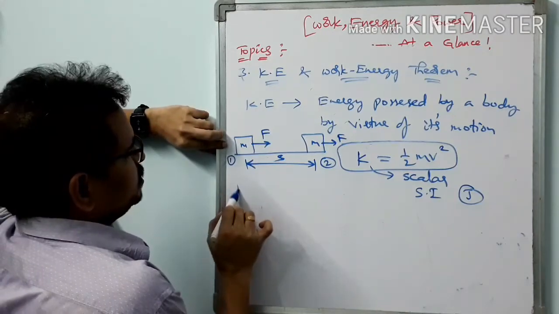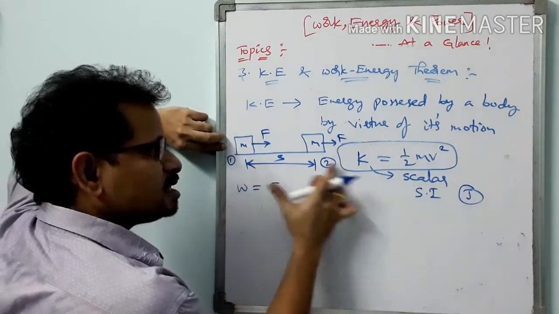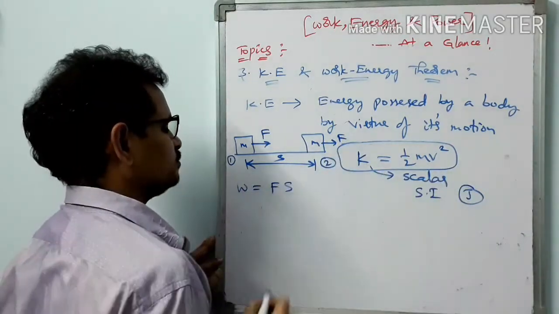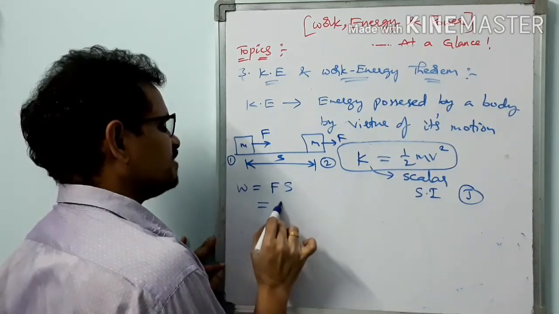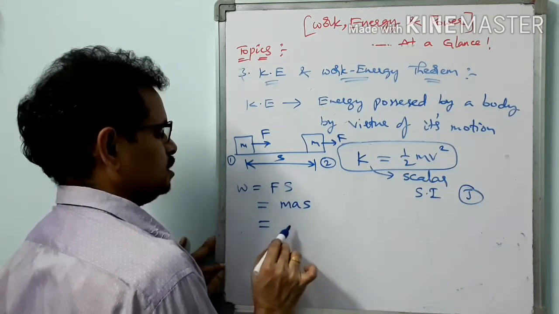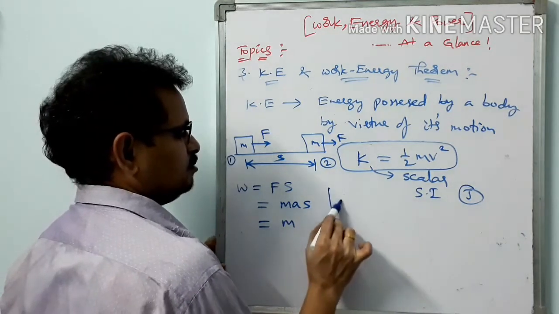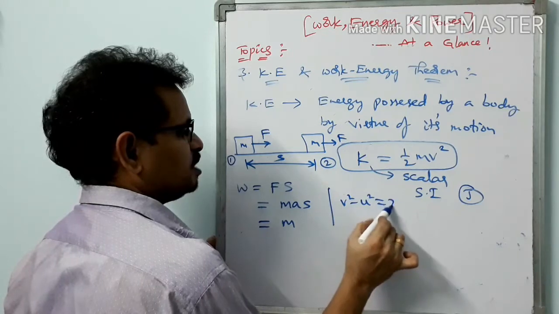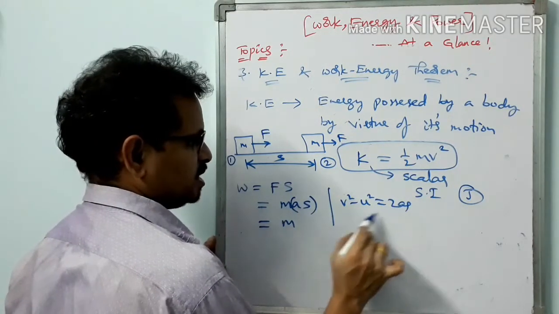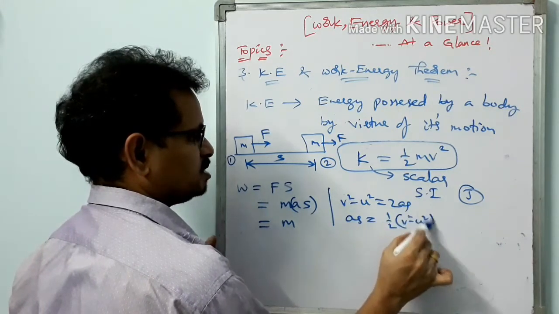So what is the work done? W equal to, here force and displacement both are along the same direction, so W equal to Fs. This is equal to ma into s. Now, we know v square minus u square equal to 2as, so as equals half into v square minus u square.